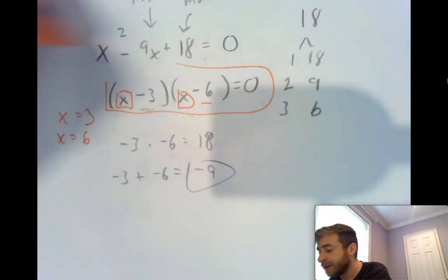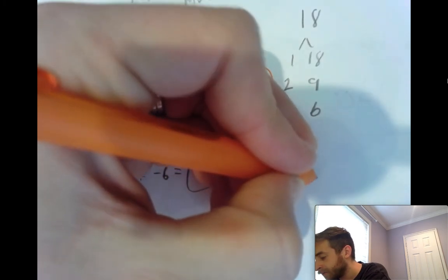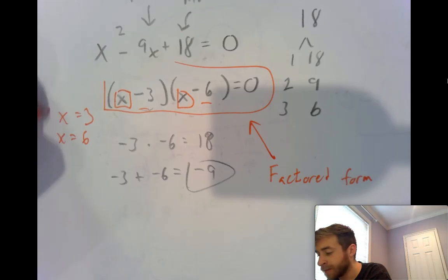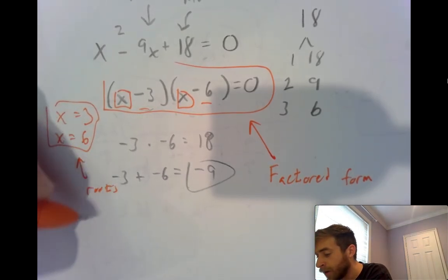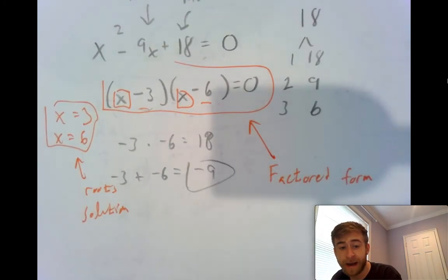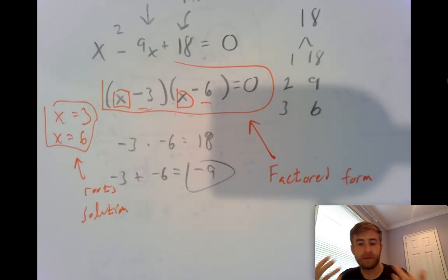So here is the factored form, we'll call it. But now in this video, we're also going to make sure we're practicing getting the roots or the solutions. You need to flip the sign from your factored forms to get your solutions. Okay, that was enough new stuff. Let's keep going.